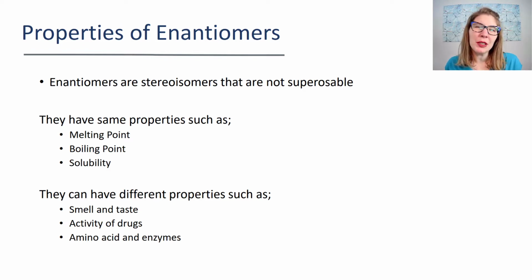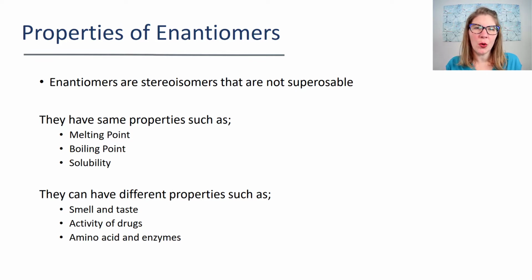So we have to be really careful with drugs that have enantiomers because we need to make sure that not just that one of the enantiomers is effective, but that both enantiomers are safe. And then when we think about the inside of body systems, enzymes are like a lock and a key, right?